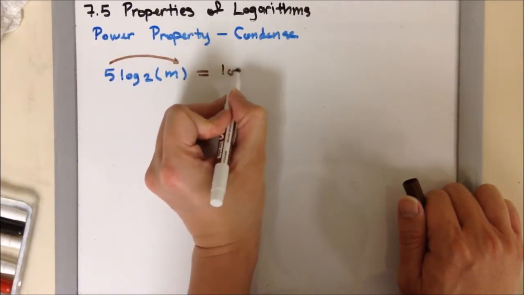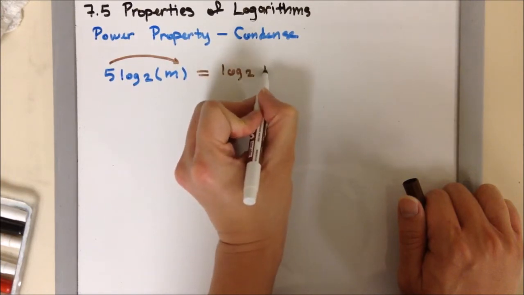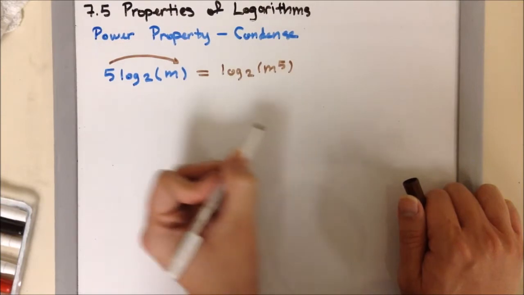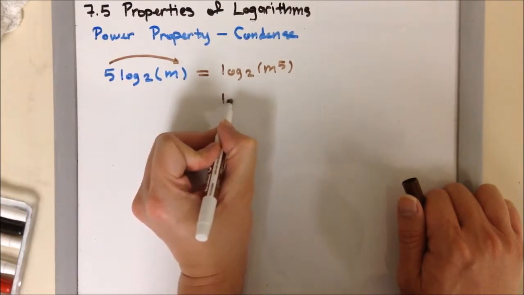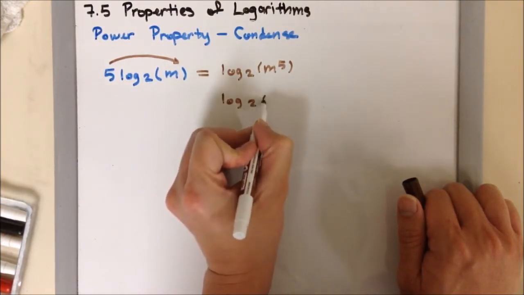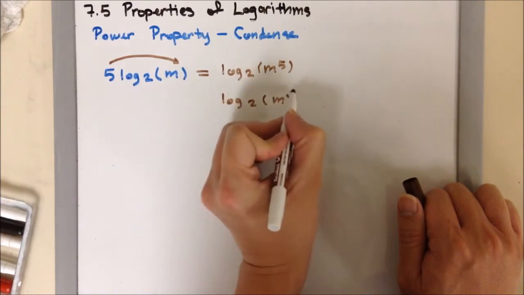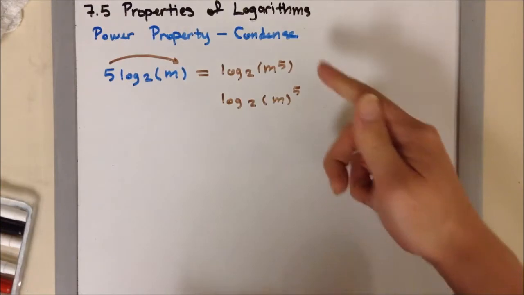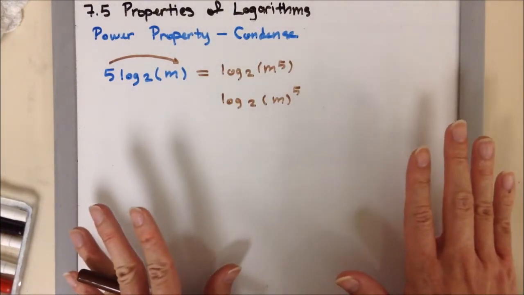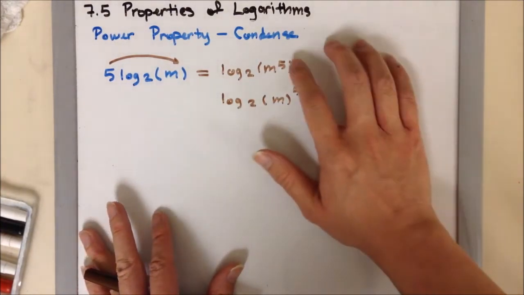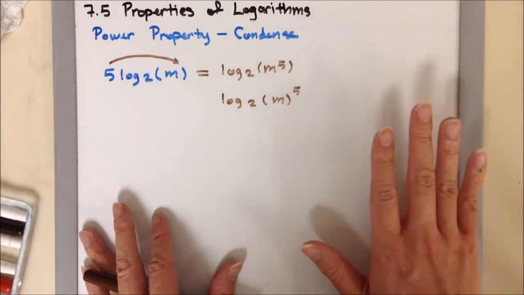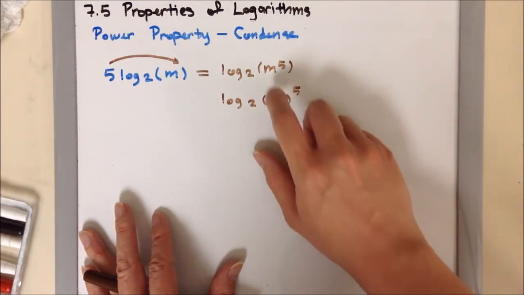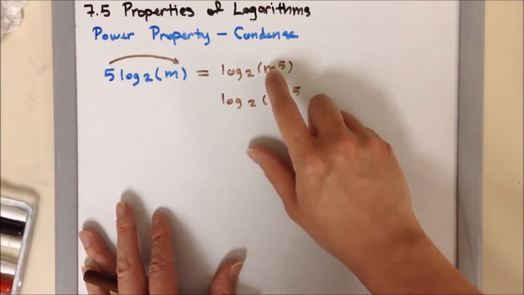So we have log base 2 of m to the 5th power inside the parenthesis, or you can rewrite it as log base 2 of m raised to the 5th power, where the exponent is outside the parenthesis. Either form is okay. If you have parentheses, you can have the exponent inside or outside. Again, either form works as long as it's a single variable or a single integer inside of log.